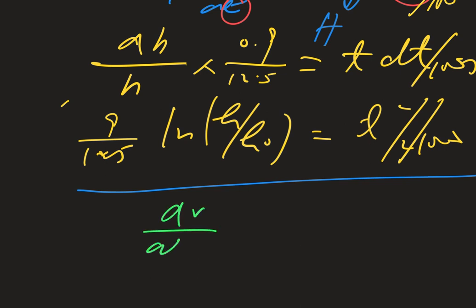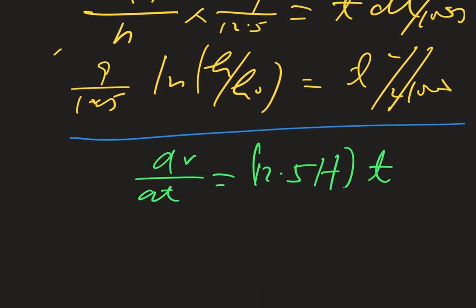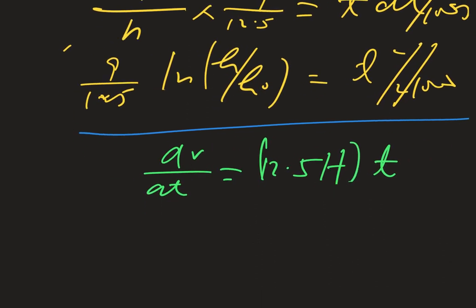dV/dt equals 12.5 big H times t, divided by 1000, since yours is k liters per second. I made a mistake already.